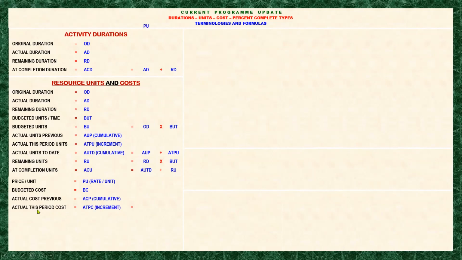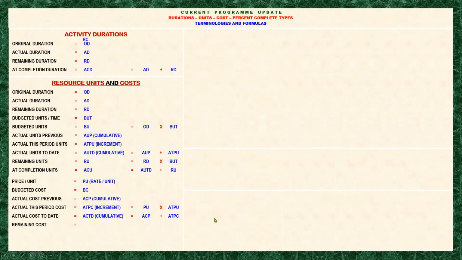So for budgeted cost, we have here the actual cost previous and also the actual this period cost. It is simply the price per unit multiplied by the ATPU. What is ATPU? That is the actual this period units. Okay. Actual cost to date is simply the summation of the actual cost previous plus the actual this period cost.